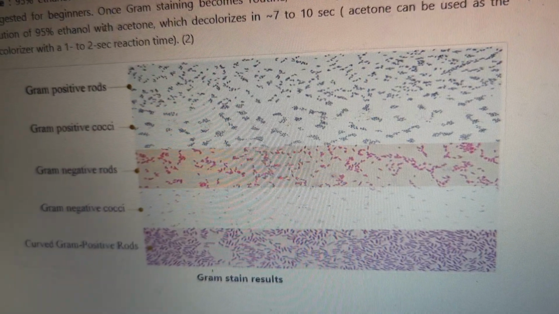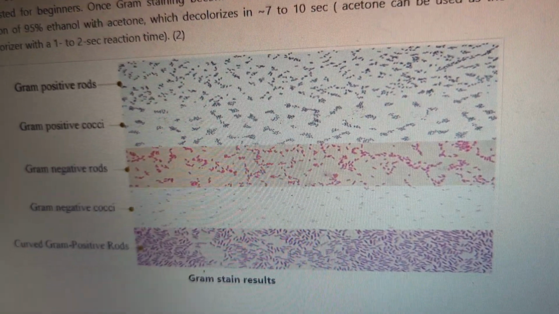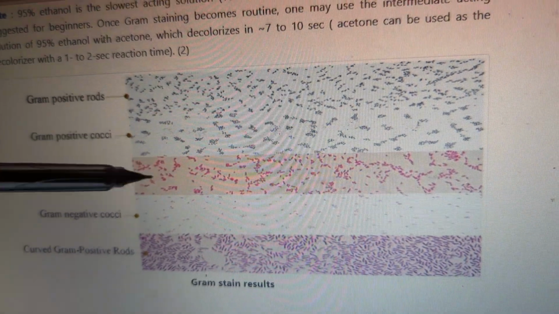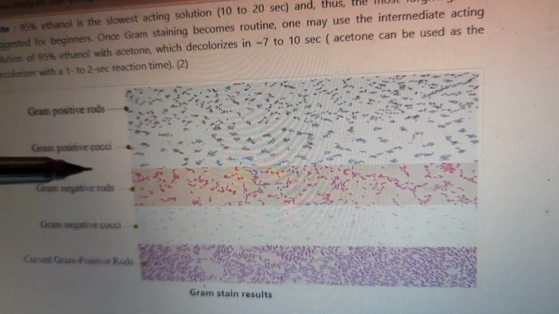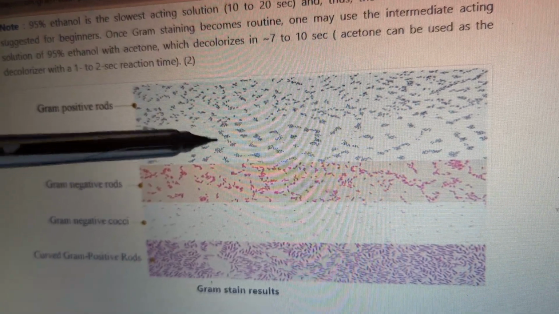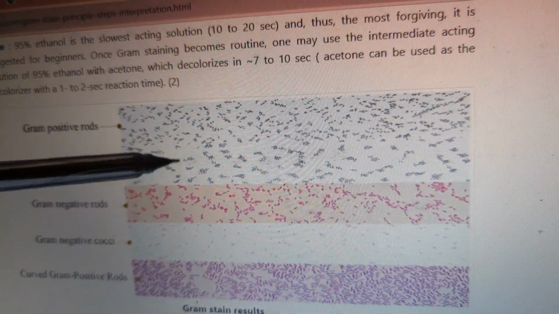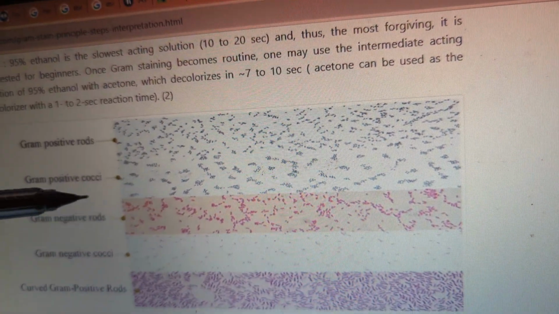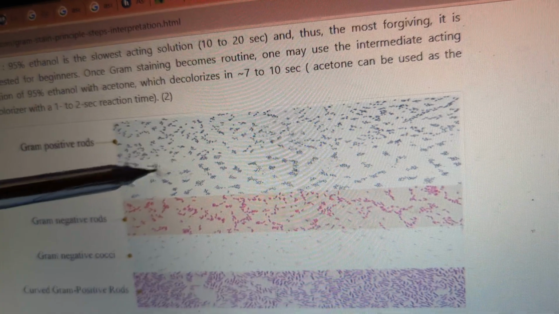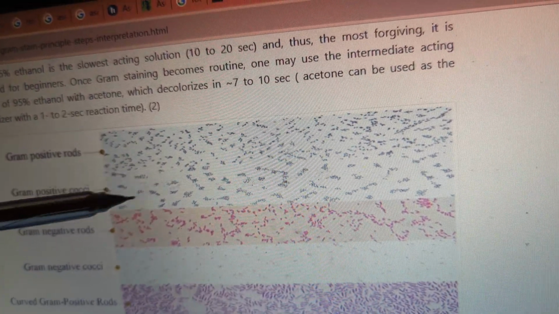So I have for you here, you can quickly appreciate how the microscopy view would actually look. In some previous sessions, we had some nice clusters like this, clusters of cocci. And here, of course, it's the purple. You can see the gram positive identification with a nice purple.